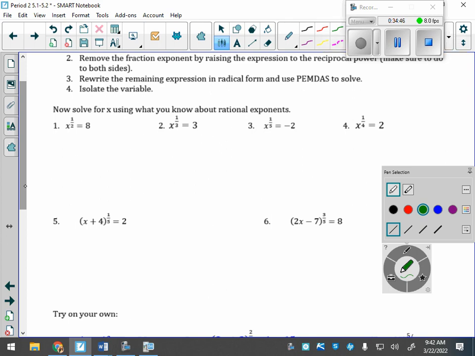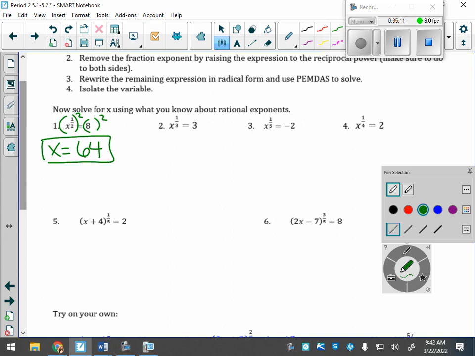How do I get rid of that exponent? Excellent. You would square. So you would do the opposite to both sides. Now, since I'm squaring, I do not have to include plus or minus. So what is 8 squared? 64.